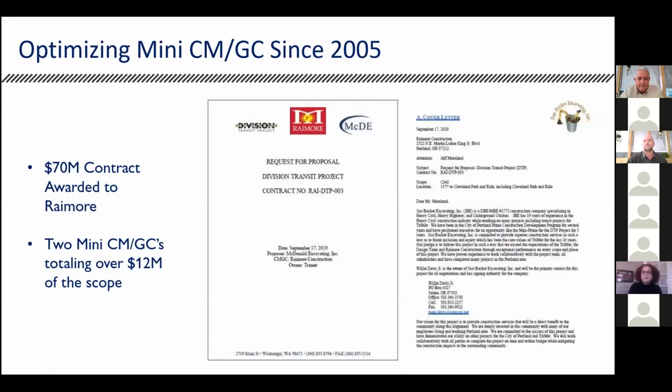Currently, on the Division Transit project, we have 2 mini prime scopes valued at over $12 million. Both of these current scopes of work involve training these primes to compete through an RFP as well as complete pre-construction services. Both mini primes have multiple second-tier subs, so they are fostering their own DBE contracting practices as well.